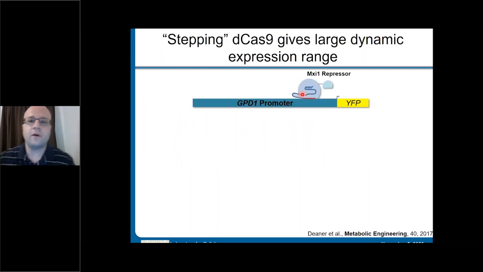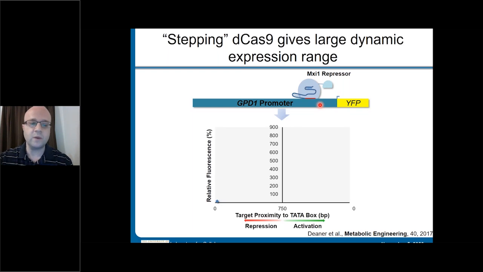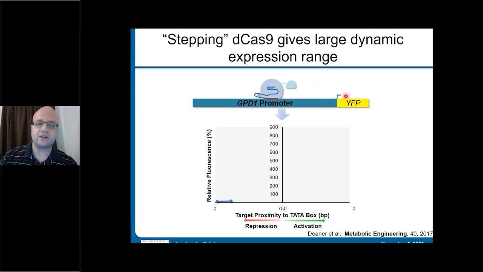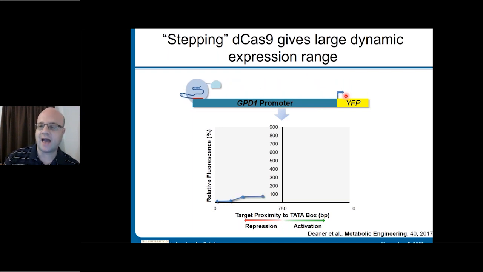The overall premise is that if we take a strong repressor, in this case MXI1, linked together with dCas9 in a promoter in front of a gene of interest, we would have very, very low expression. It's going to repress it quite well. We found that as we step this element further and further away from the start site, we can begin to relieve that repression, meaning we get less repression.